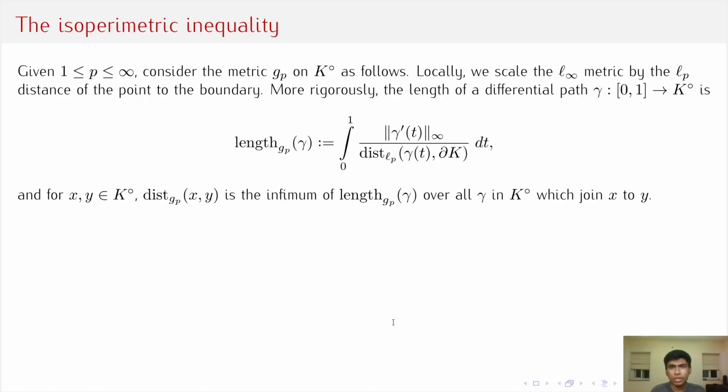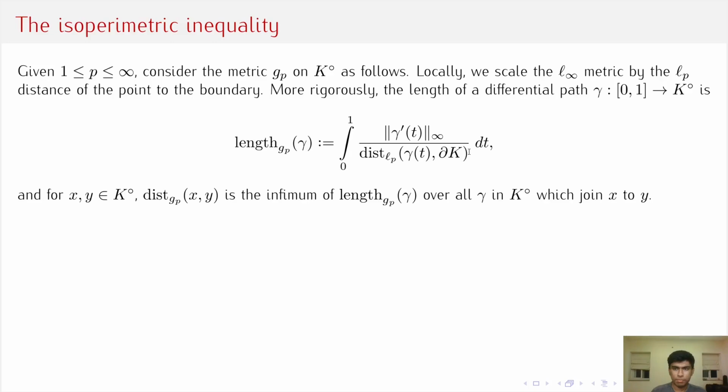More rigorously, we define this length of a differentiable path between 2 points, which, as you can see, has the L infinity metric part in the numerator, and in the denominator we scale it by the distance of that point to the boundary.